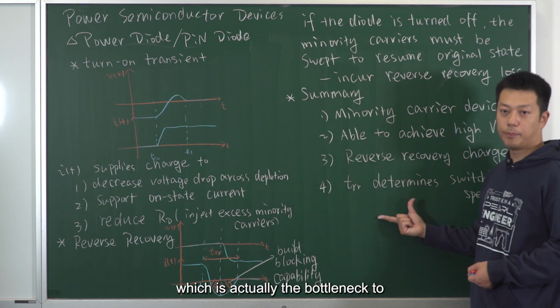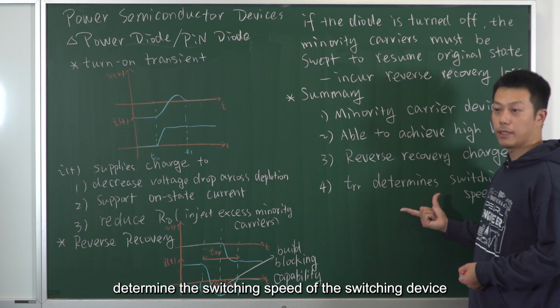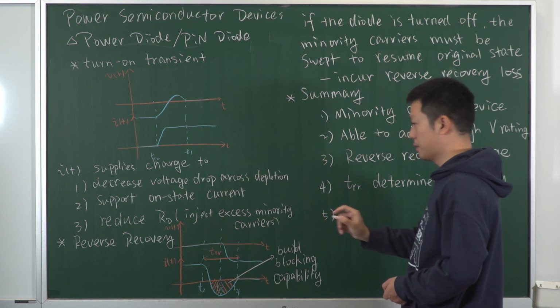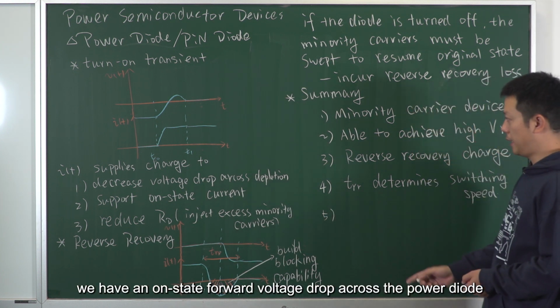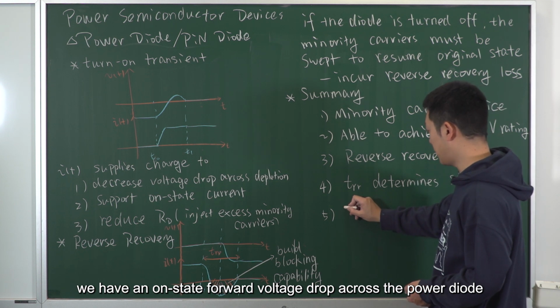Which is actually the bottleneck to determine the switching speed of the switching device. And fifth, we have an on-state forward voltage drop across the power diode.